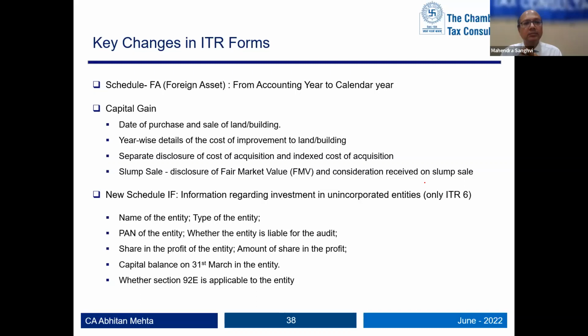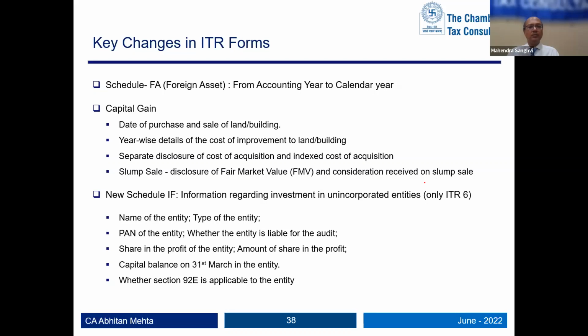Then there is a new schedule, which luckily is only for the ITR for companies, ITR 6, with details of unincorporated entities: basically AOP, BOI, and really even your partnership under 1932, which is not an incorporated entity. It is unincorporated, just registered.